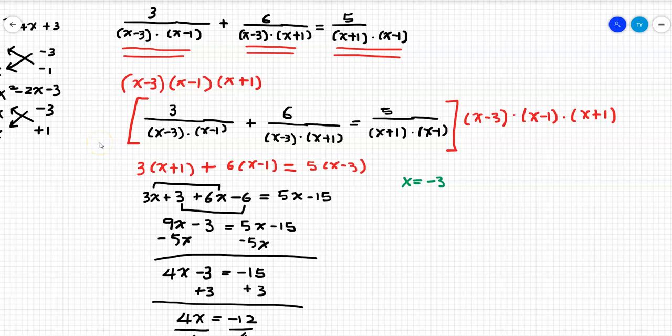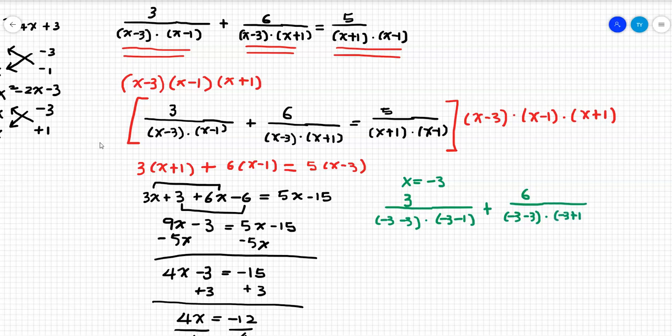Okay. So here the first term is going to be 3 over minus 3 times minus 3 minus 1, plus 6 over minus 3 minus 3 times minus 3 plus 1, equal to, is it 5 over minus 3 plus 1 and minus 3 minus 1.